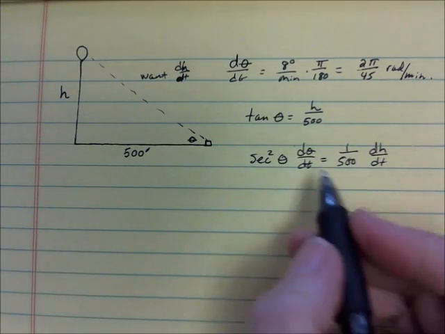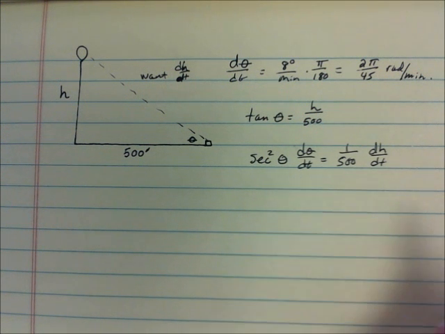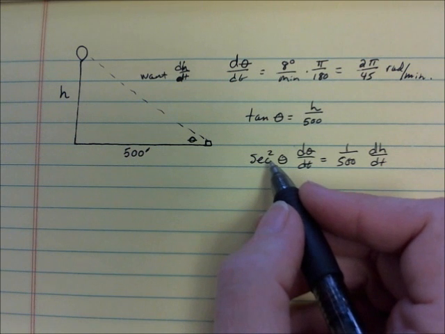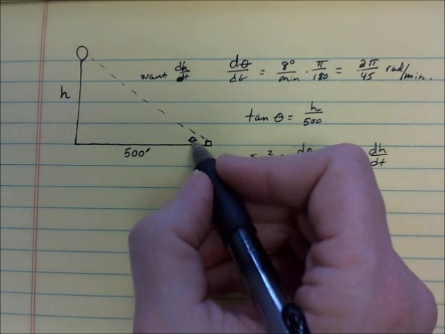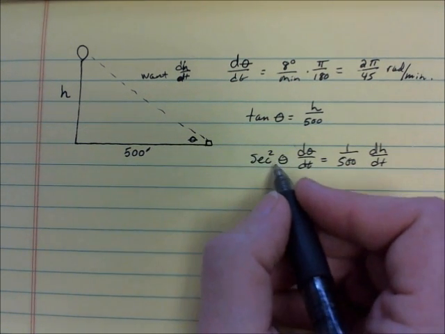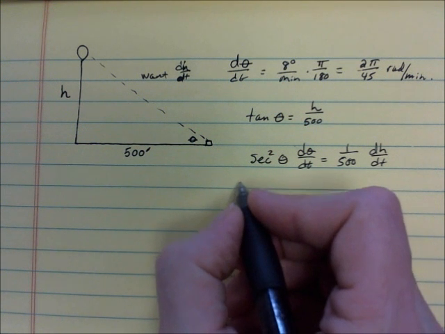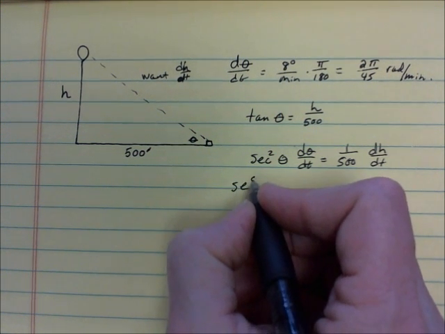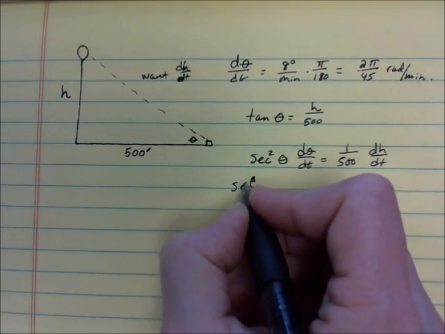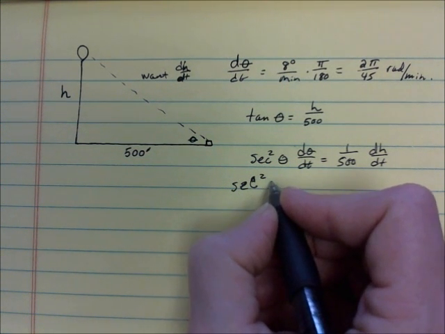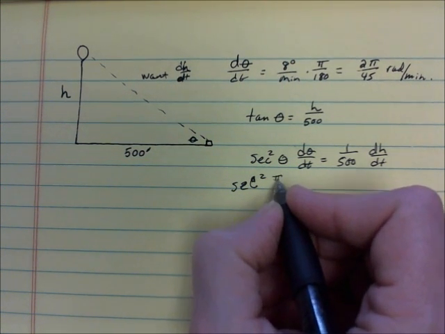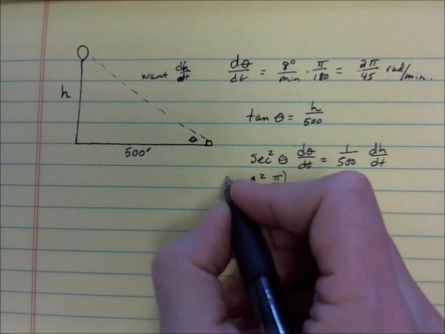So now we've taken the derivative, and now's the time we can plug in the information that's given to us. Theta is equal to 45 degrees, and we're taking the secant squared of that. Well, 45 degrees is pi over 4.